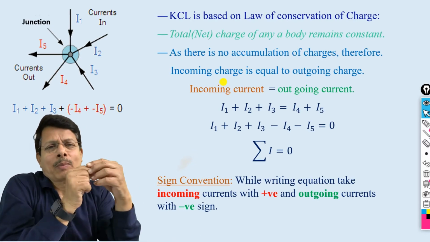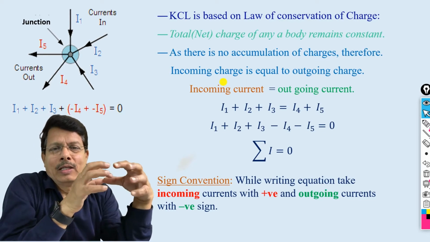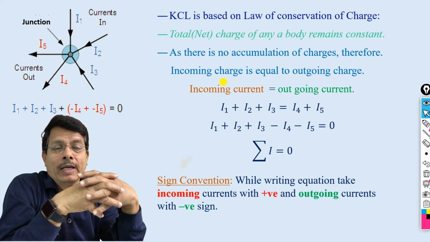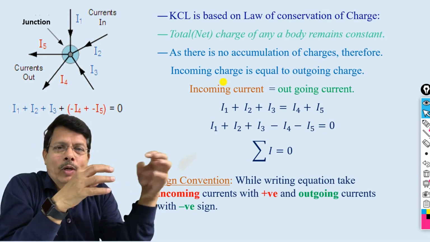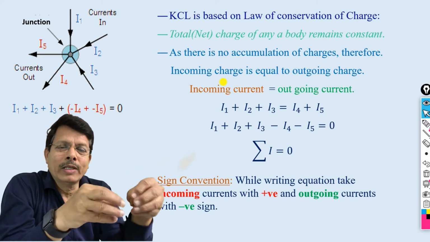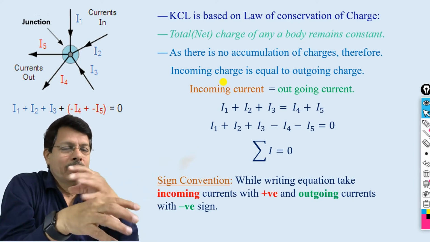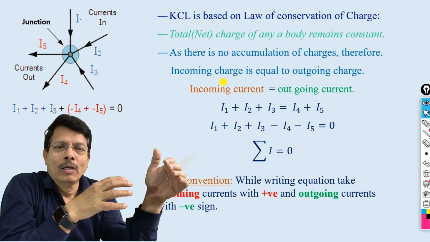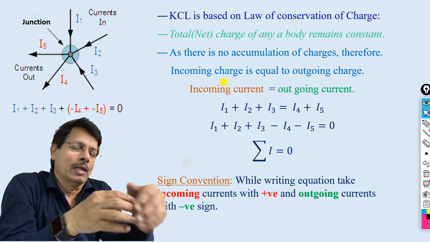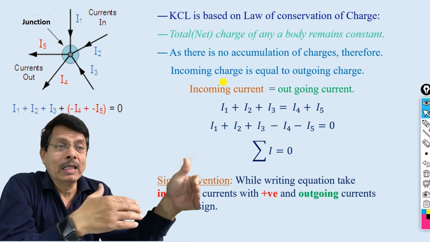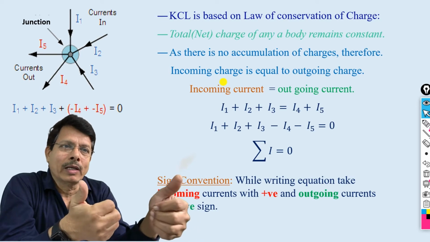That means when some current passes through a conductor, there is no change in its net charge, right? So whatever charge comes to the point, the total charge is given out, and when charge moves, we get current. That's why you can say that incoming current is equal to outgoing current.